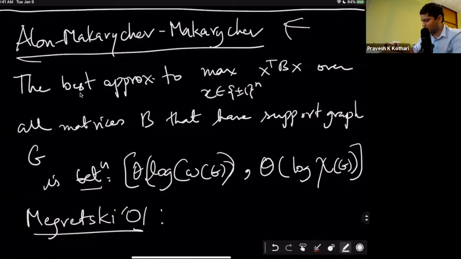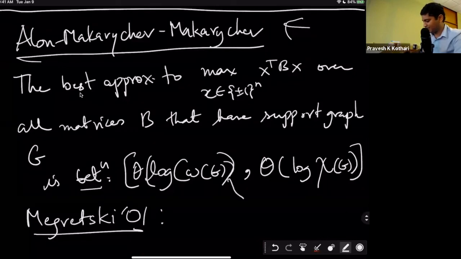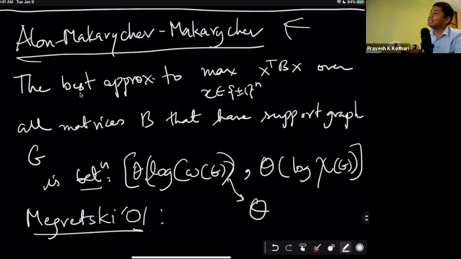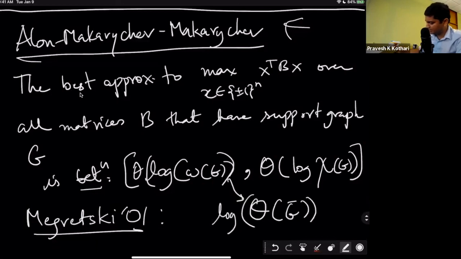So this lower bound can be improved and replaced by this theta function: log of the theta function of G complement, if I remember correctly, up to constants. Lots of thetas, but this theta is different from this theta. This is Lovász's theta and this is my theta.